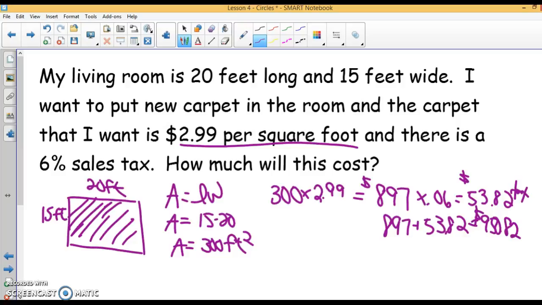Now, what you could have done to go straight from your $897 to your total, since you're paying 6% tax, I could multiply this by 106%. 100% of the $897 and 6% tax will take me straight to my total.